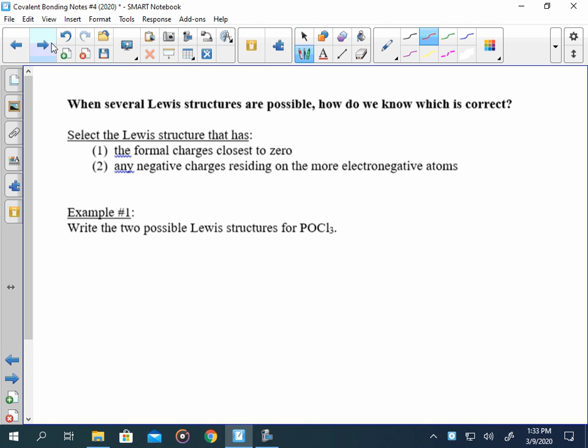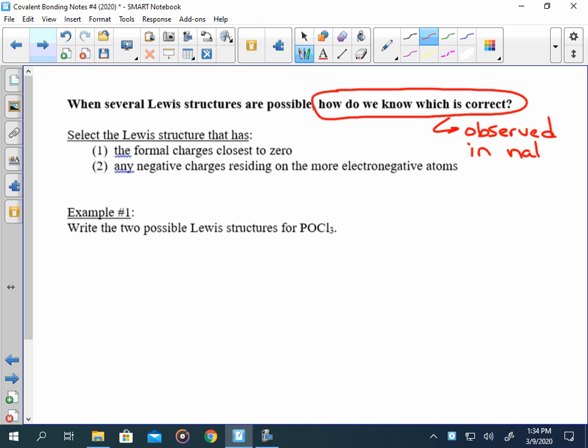The key question is written here in bold. If you've got more than one, which one is correct? And by correct, I would say is observed in nature. By observed in nature, that's what we're after.